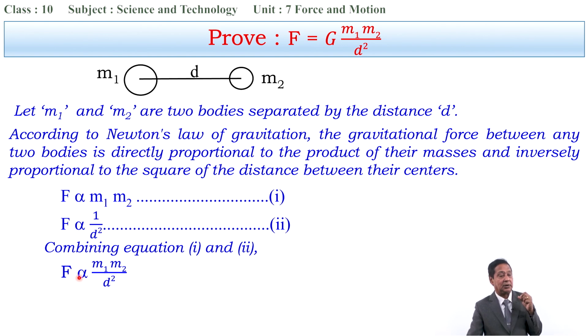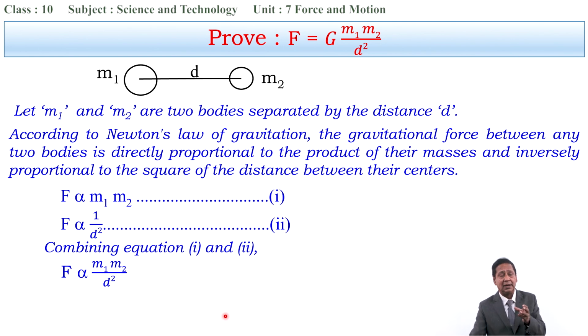We cannot calculate until this proportion sign converts to an equal to sign. We cannot calculate gravitational force otherwise. You were taught in class 9 that if quantities are proportional to each other, then there must be a constant between them, and we can replace the proportional sign with an equal to sign if we take the constant involved between them.